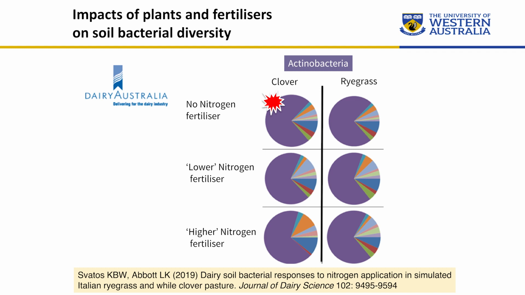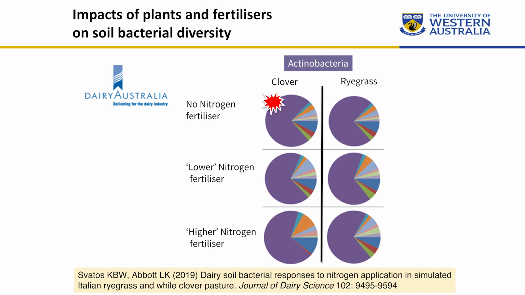Some of these bacteria are affected by plants, and in this case, nitrogen. So here we've got nitrogen added: nothing, low level, high level. We've looked at the bacteria associated with the roots of clover and ryegrass, and if you look at this big purple patch, this group of organisms was not really affected by the plant or by the nitrogen, in a rough sense, not much.